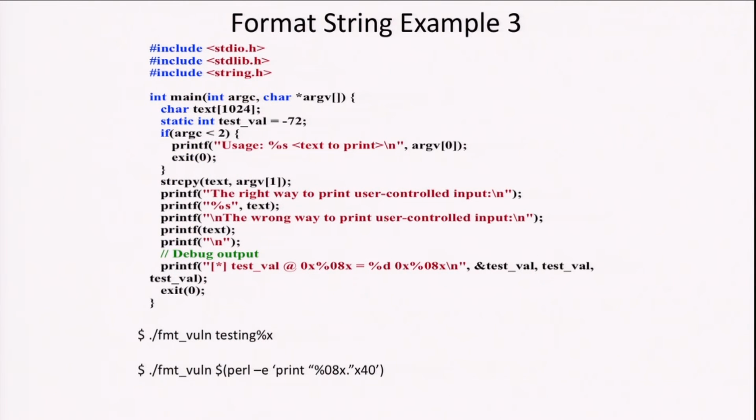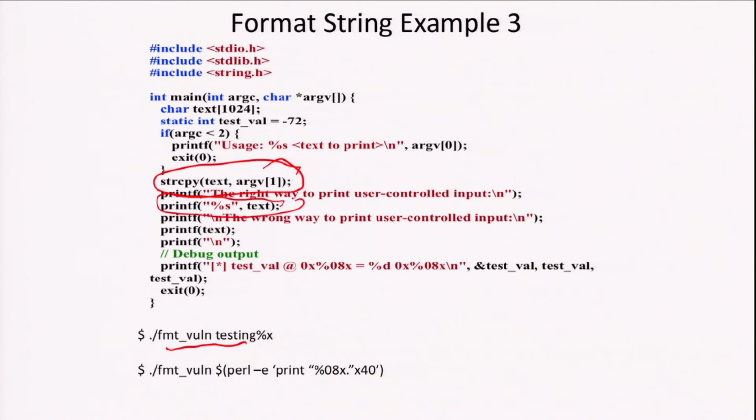So here is another example. In this example I have this program which we'll call format vuln, and I am just having this input which is being string copied onto text, and then you are going to print whatever goes into text.